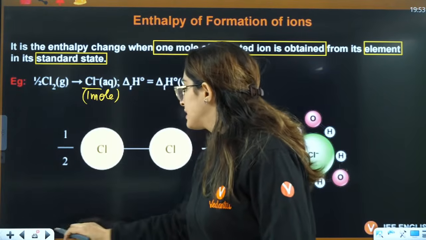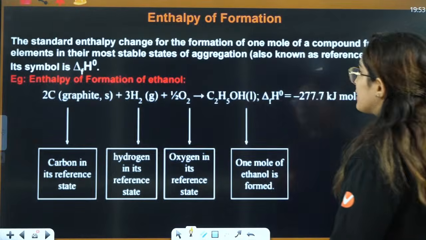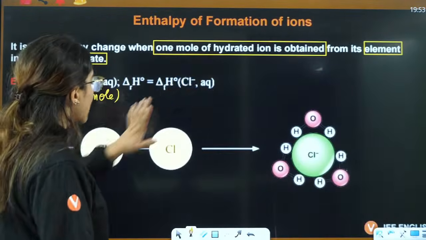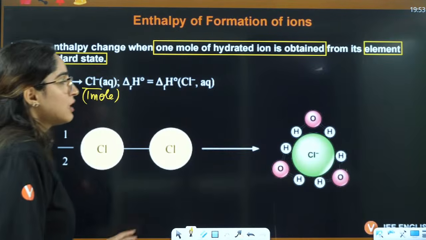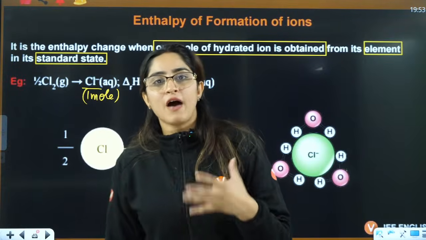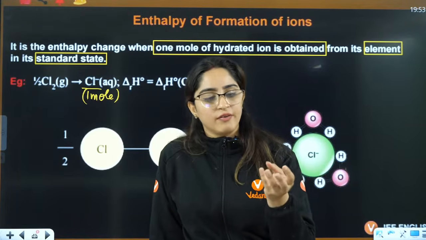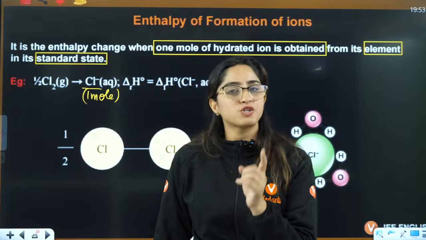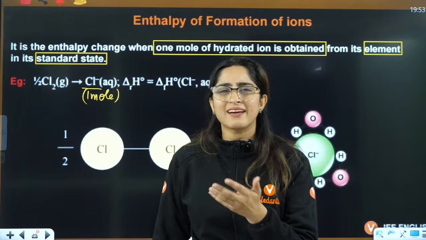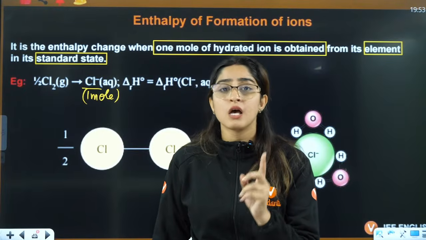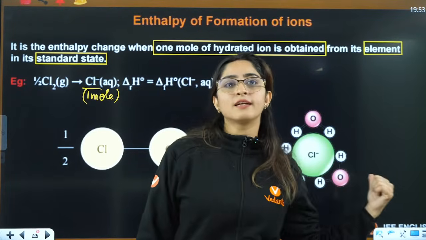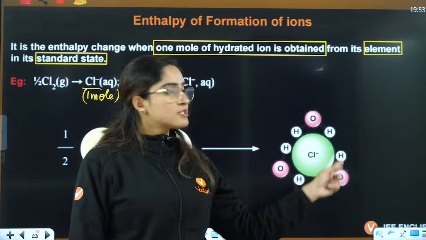Okay? Now, next is enthalpy of formation. So, there is a difference between enthalpy of formation of ions and enthalpy of formation. Enthalpy of formation of ions says that you have the reactant in the elemental state. We are not defining that the reactant should be 1 mole. We are saying the reactant can be any number of moles. But the product is ions in the hydrated state, right?